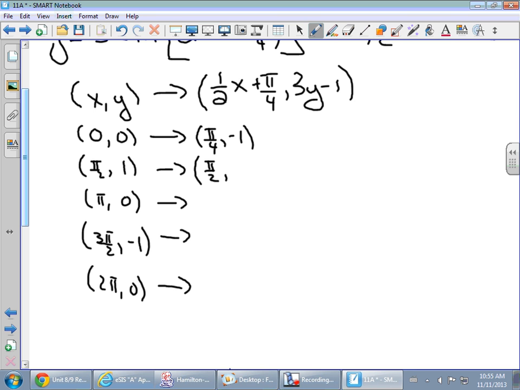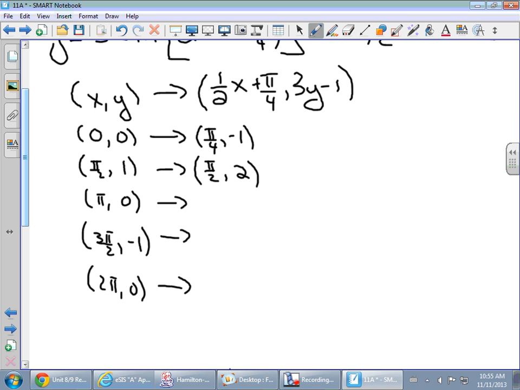Rebecca said it works out to be 2/4, which is perfect, but then you always have to simplify it, right? So 2 pi over 4 simplifies down to pi over 2. Substituting 1 in there, 1 times 3 is 3, subtract 1 is 2. So that point became the point pi over 2 and 2. Now we do it with pi. Substitute pi in.